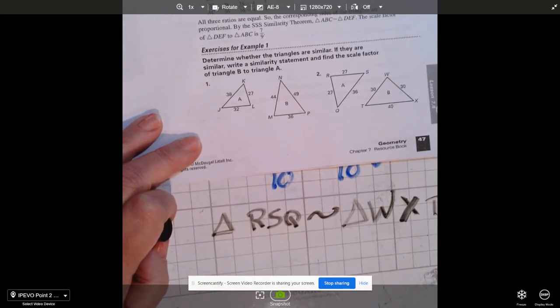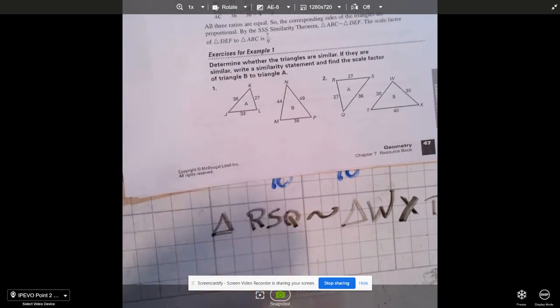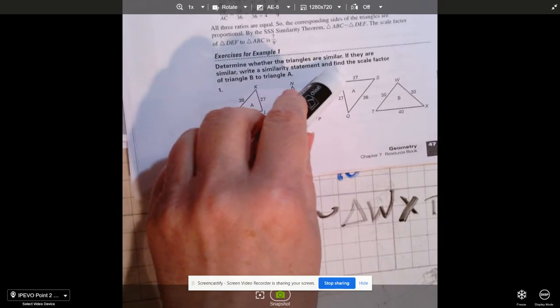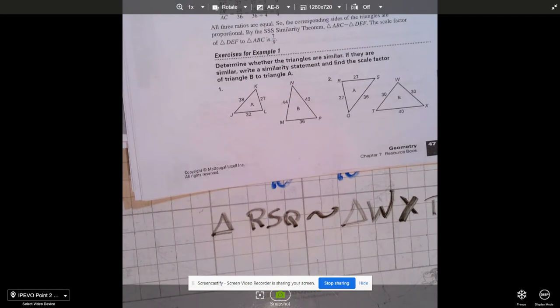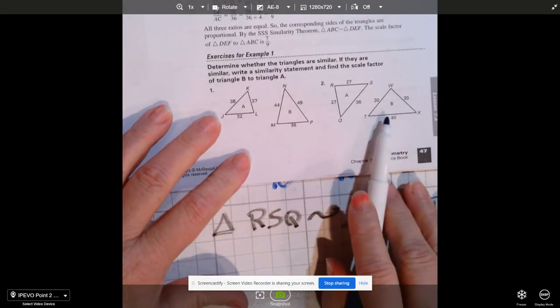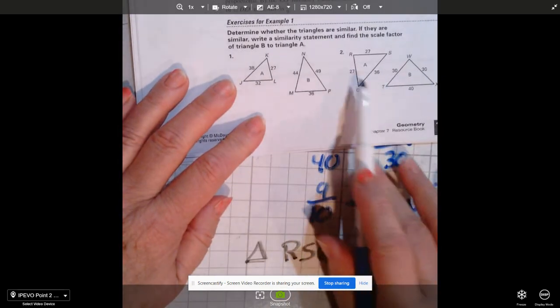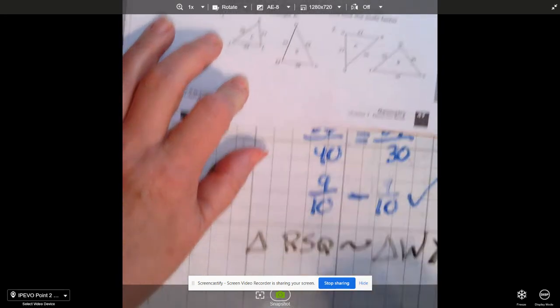The third thing it said to do is find the scale factor of triangle B to triangle A. So what they're saying is, if I start at B and go to A, what is my similarity factor? You're going to start with triangle B, so it's going to be 40 over the 36.